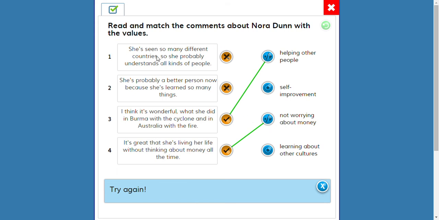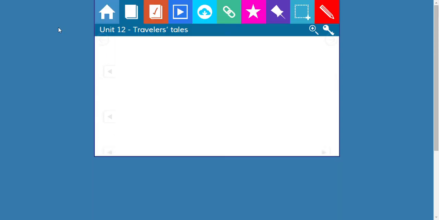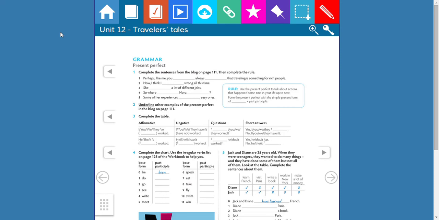Now, read and try to look for the answer. Okay? Now, let's see. Here, we're going to see the topic, the real topic, present perfect. But we're going to make an introduction for the present perfect. We're going to do the real thing the next class, where there is feedback.